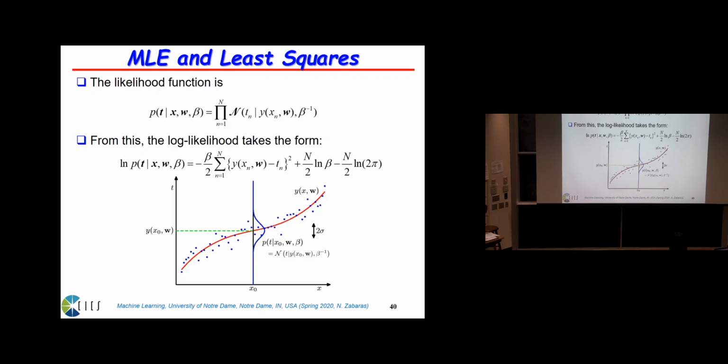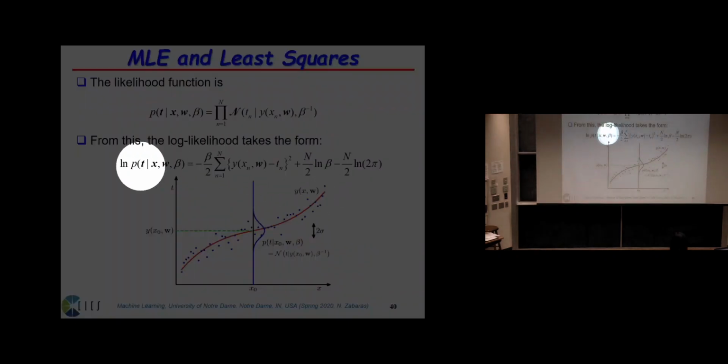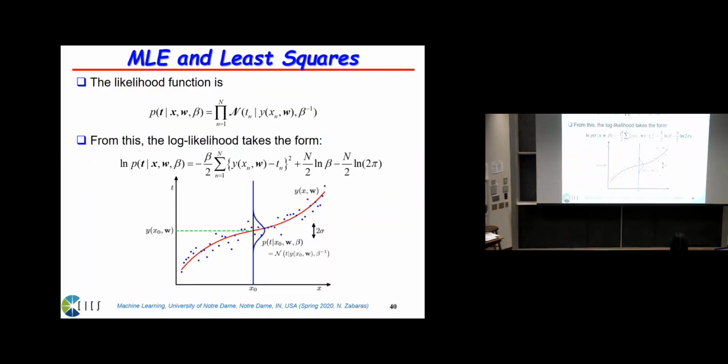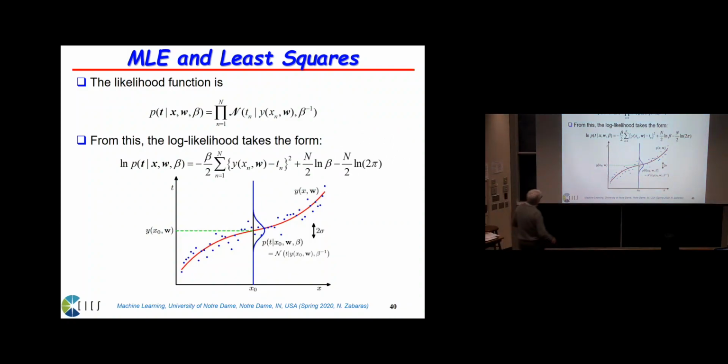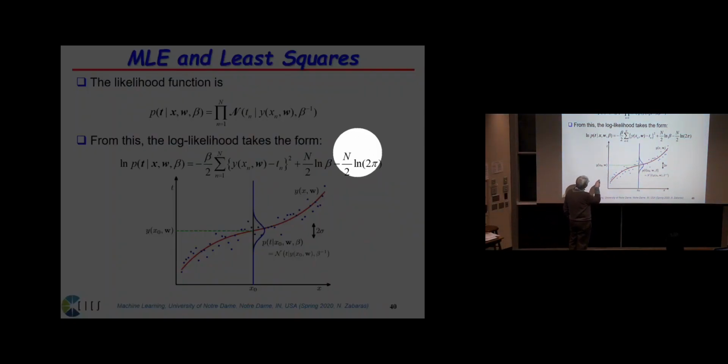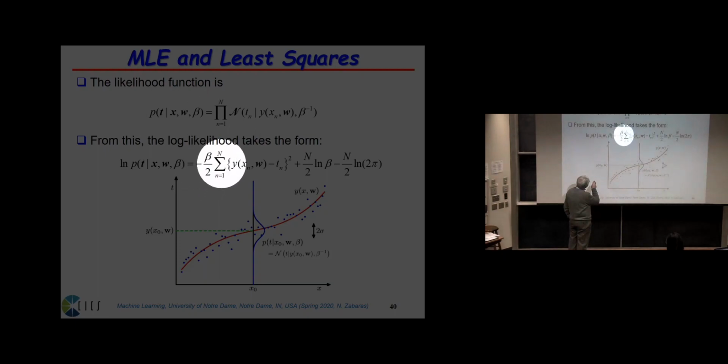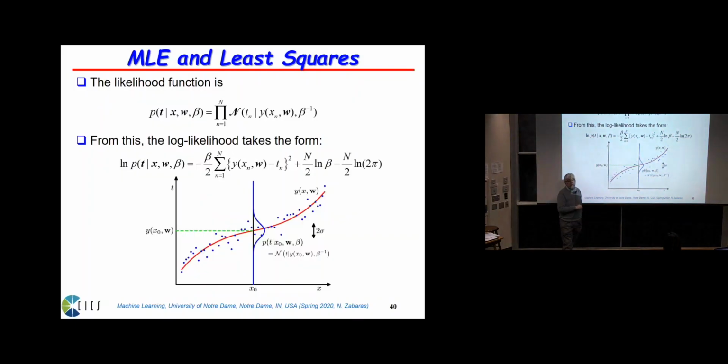For the Gaussian, we asked, what is the MLE estimate for the mean and what is the MLE estimate for the variance? So we need to maximize the log likelihood, and immediately you can recognize the only place where W comes in is on this first term, right? There's no W here, so W comes only here. So if you want to maximize this with respect to W, it's the same as minimizing this square error that we saw before, right?